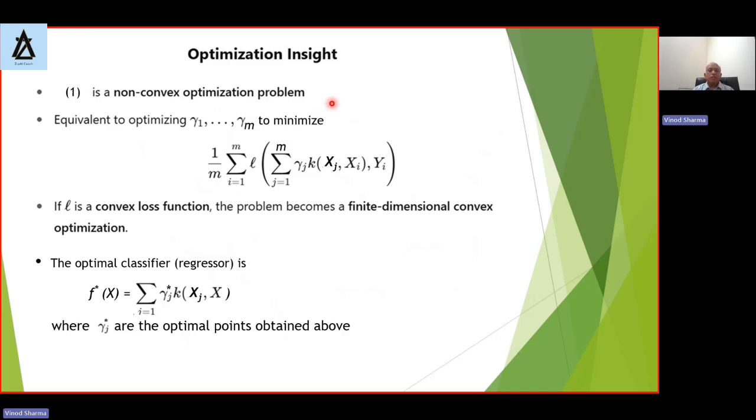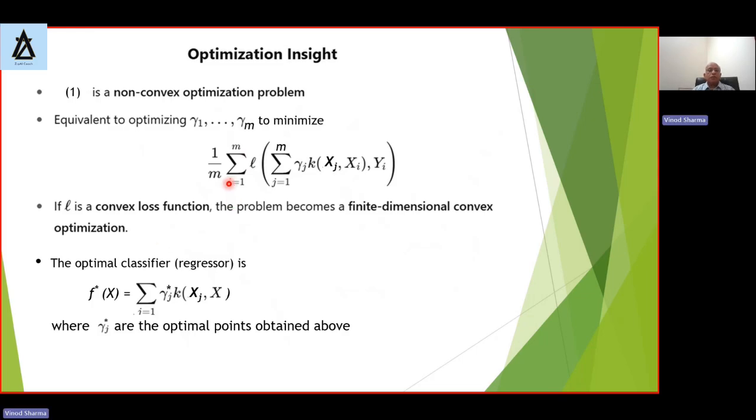So optimizing this theta can be a serious concern, and writing it in this form, it is 1 by m, sum over i equal to 1 to m, of L, which is the same L given there, of the sum over j equal to 1 to m of gamma_j K(x_j, x_i), y_i, where L is the loss function that we have given earlier. If L is a convex loss function, this problem becomes a finite dimensional convex optimization problem.